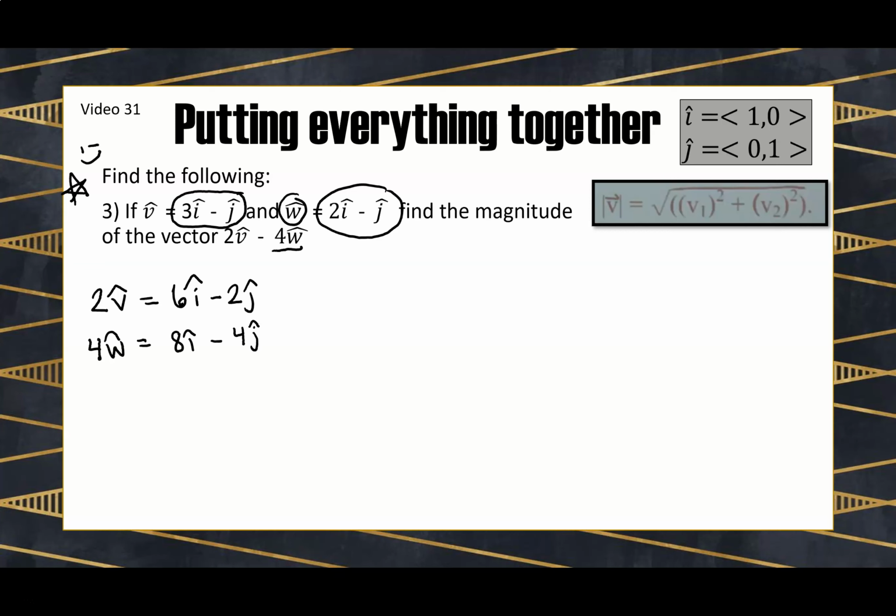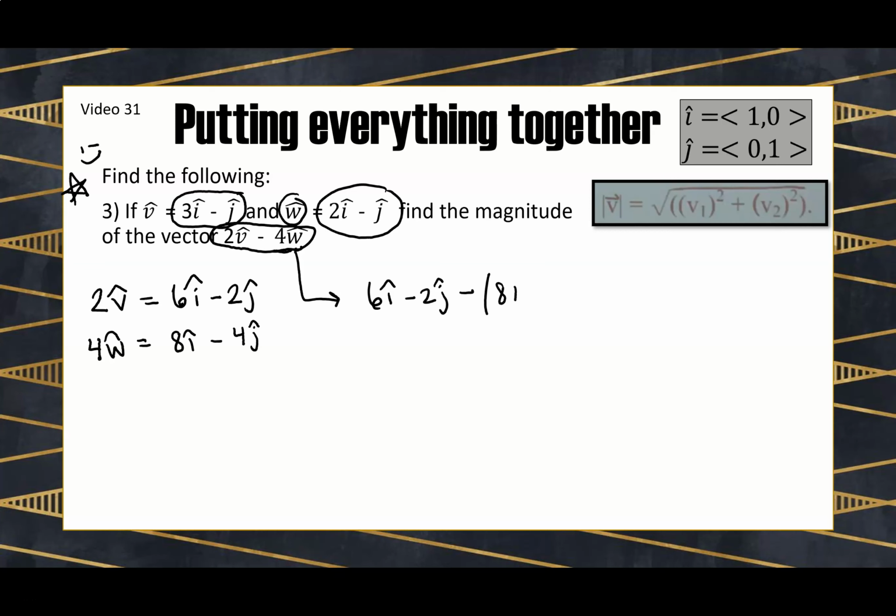Okay. Now, it's asking us to do 2v minus 4w. If you want, you could convert these into the horizontal and vertical components first, but I don't think that's the best idea. So 2v is 6i minus 2j, and then I'm subtracting my 4w, which I'm going to put in parentheses.